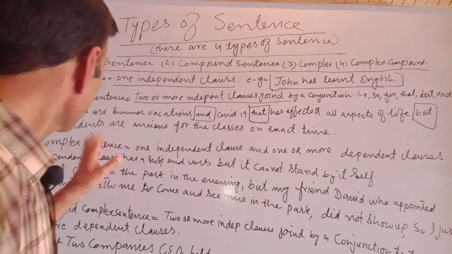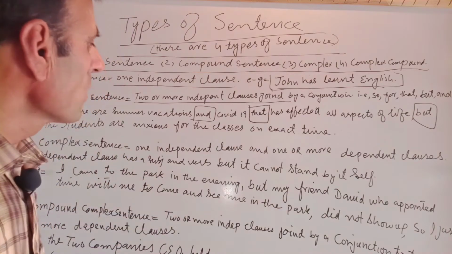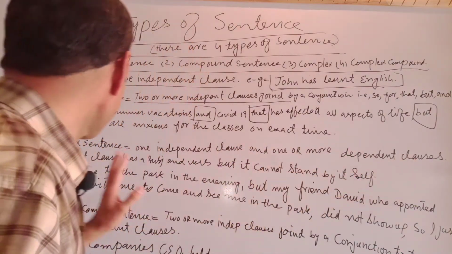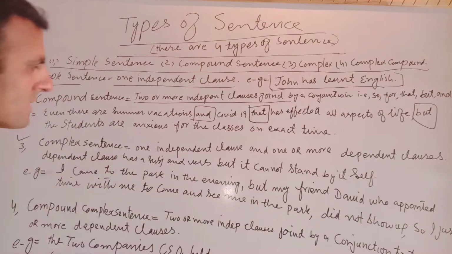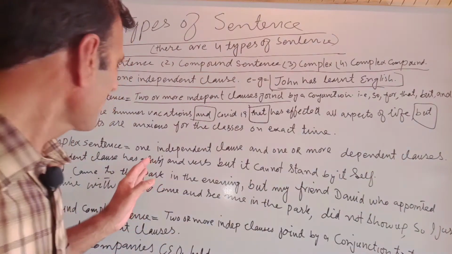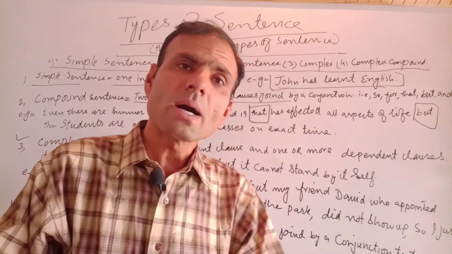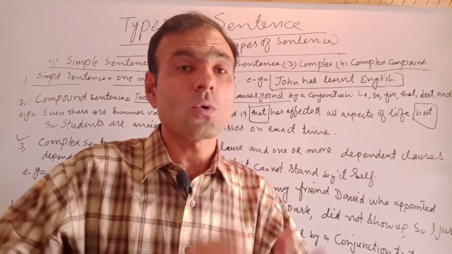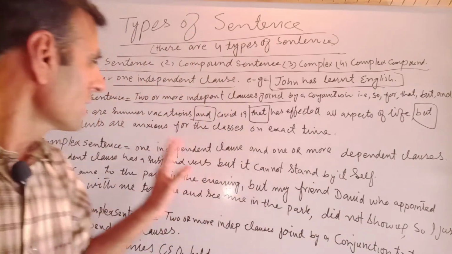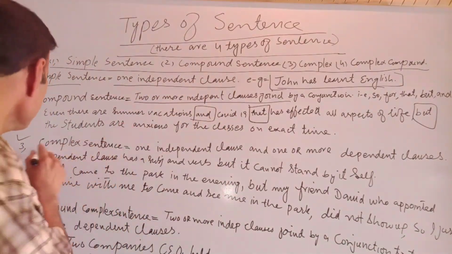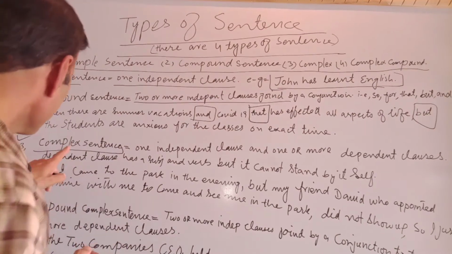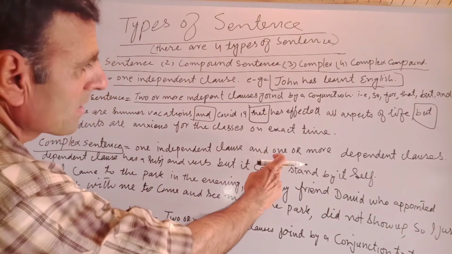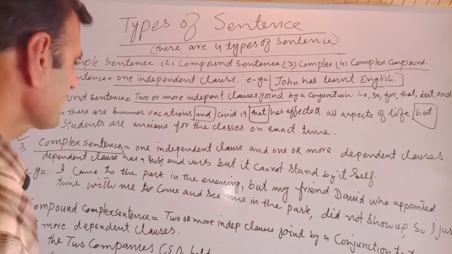What's a complex sentence? One independent clause and one or more dependent clauses. Dependent clauses have a subject and a verb, but as I already told you, they don't give us a complete or clear idea. See again: in the complex sentence, one independent clause and one or more dependent clauses.